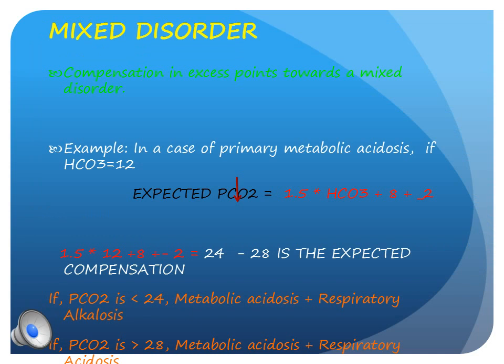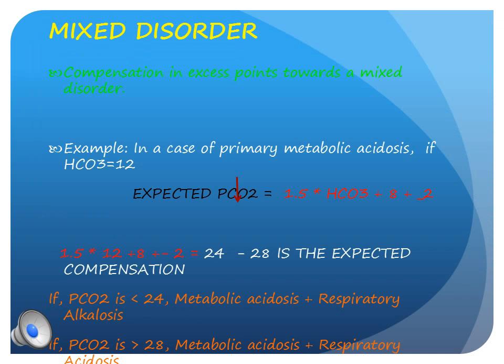So this is a continuation from the previous slide. When you have a mixed disorder, we take a case scenario. We have done an ABG and we have got an HCO3 of 12.